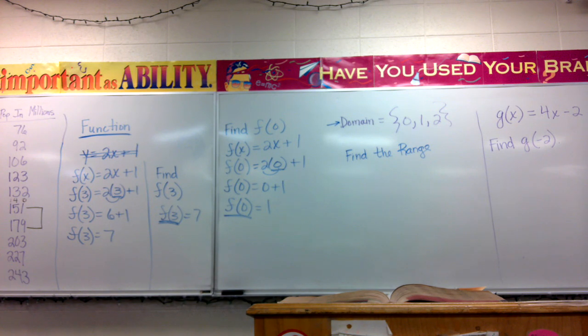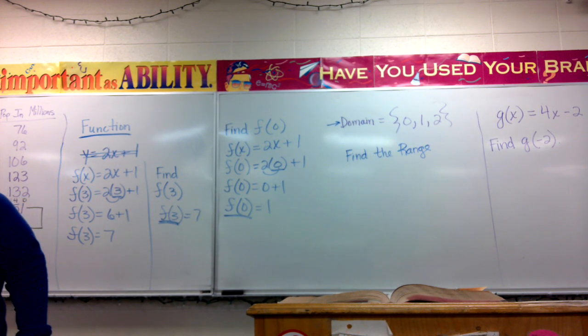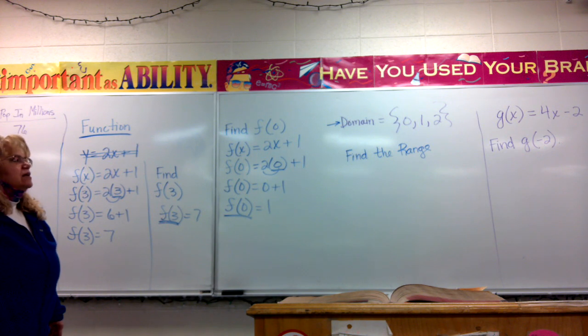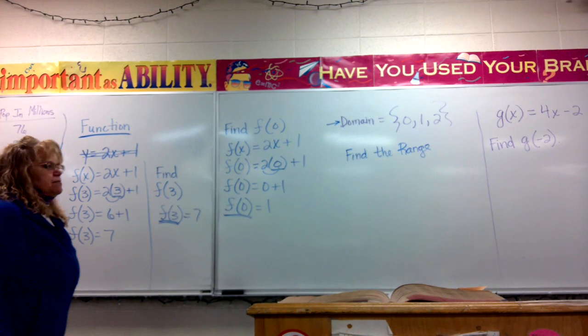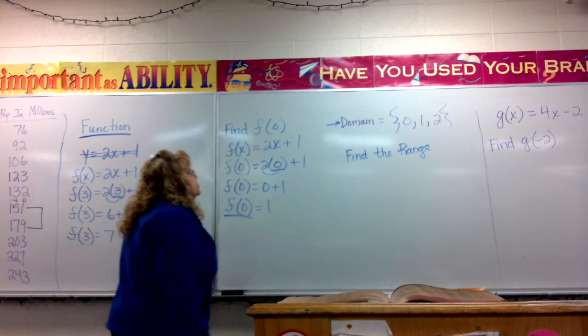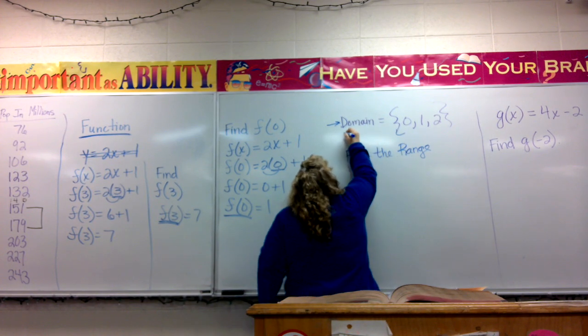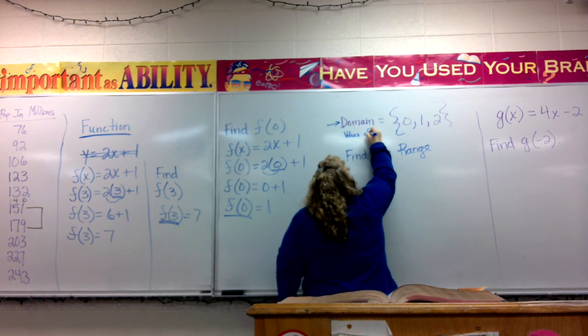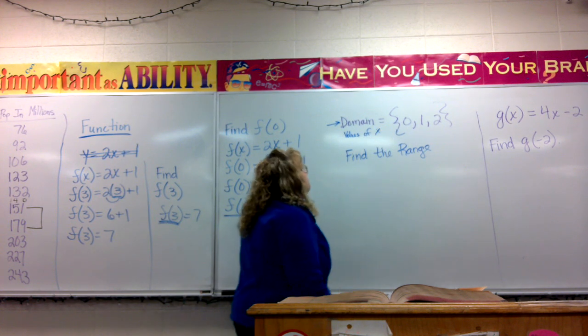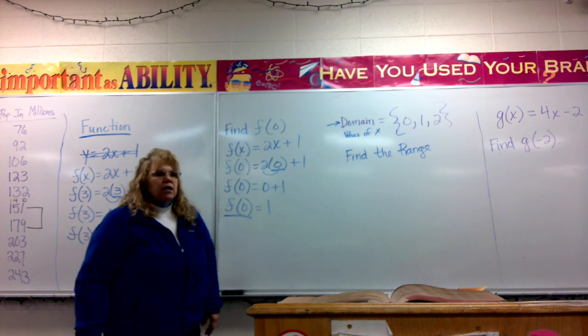Yes? Is the range from the biggest number to the lowest number? Oh, very good. Well, here's what range and domain mean. The domain, these are the values that you're going to plug in for x.